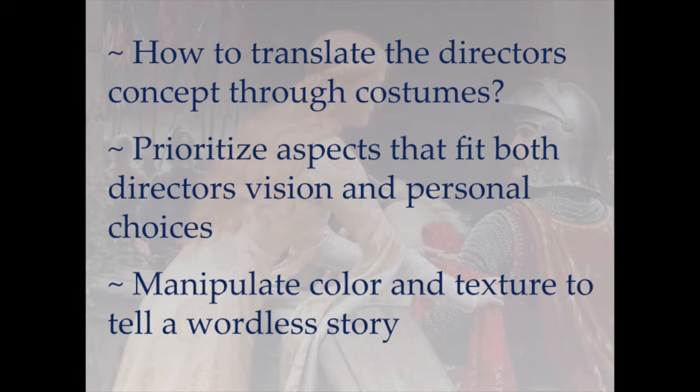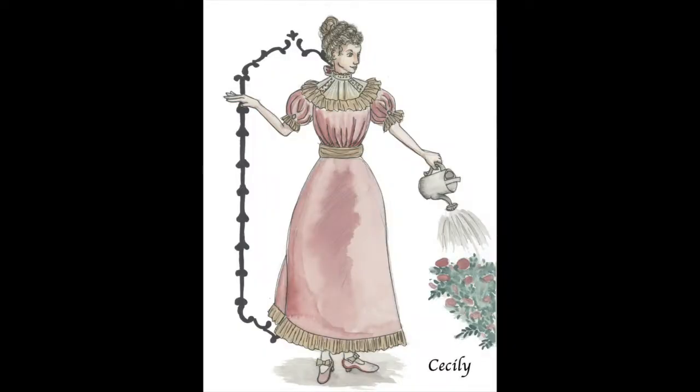You need to manipulate color and texture to tell a wordless story. I always use Importance of Being Earnest as an example. Cecily, who's the young ward of Ernest, John, same guy, that's the whole point of the play. She's 17 or 18 and she's his ward, and she's innocent. They have roses, so maybe she loves roses.